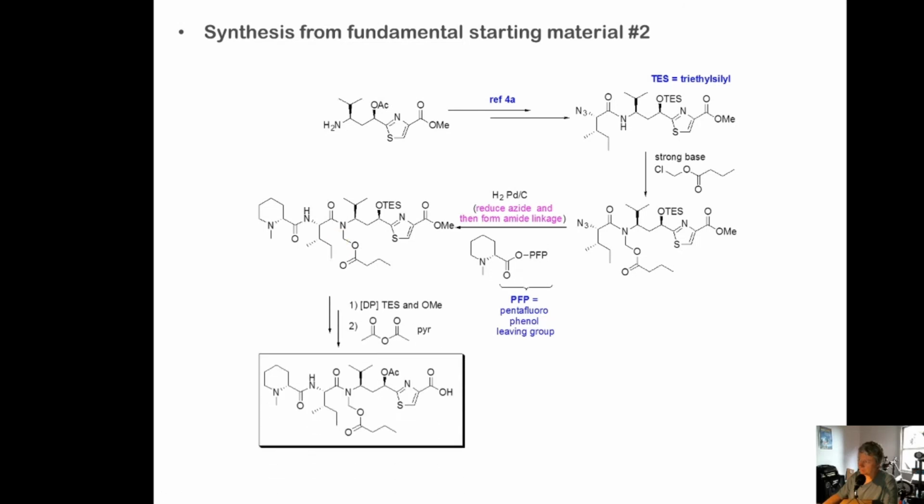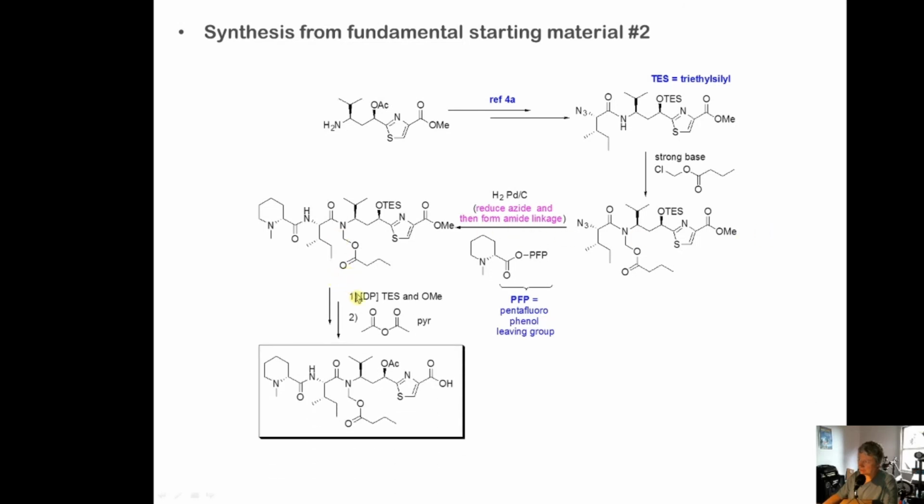Okay, and then there's a couple steps that they step through in the paper, but essentially all they're doing is deprotecting TES and deprotecting the methyl ester. So they take off the TES group, they take off the methyl ester, and then they reacetylate the alcohol. They need that.